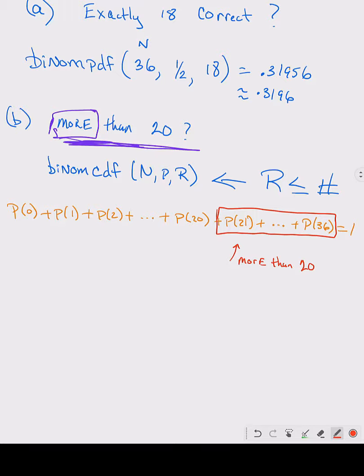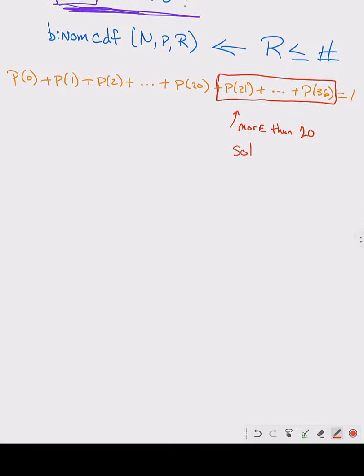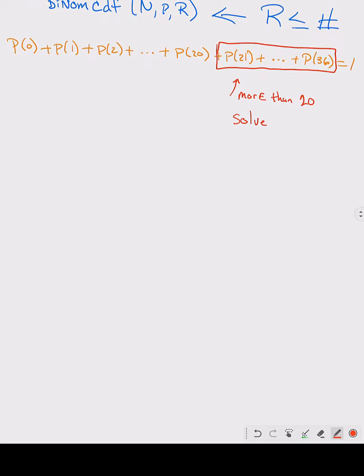And then if I solve for this box, what do I get? Well, let's be careful here. I've got this red box, and inside that red box I've got the probability of 21 plus up to the probability of 36.